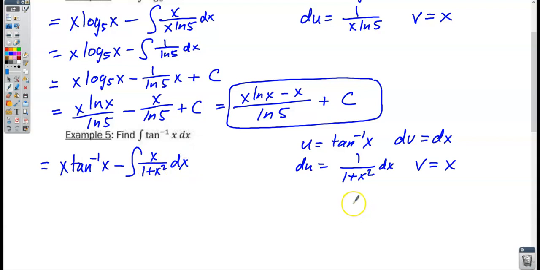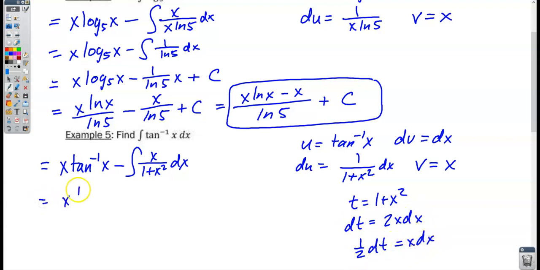And here I'm going to use a substitution. I'll use t. T equals 1 plus x squared. So dt is equal to 2x dx. So 1/2 dt is equal to x dx. And so this becomes the integral of 1/2 times the integral of dt over t, which is going to be a natural logarithm.